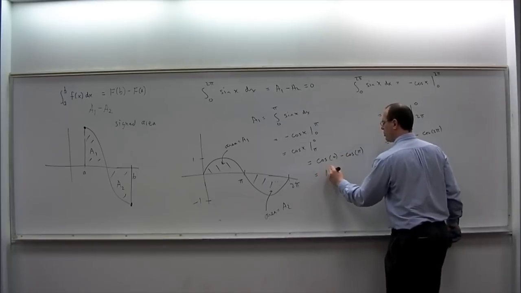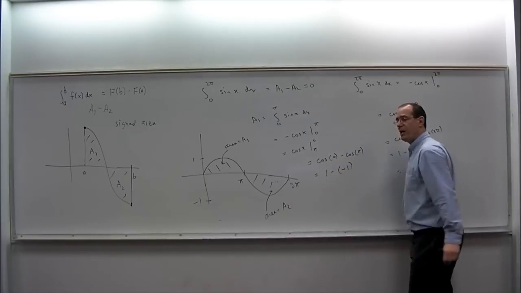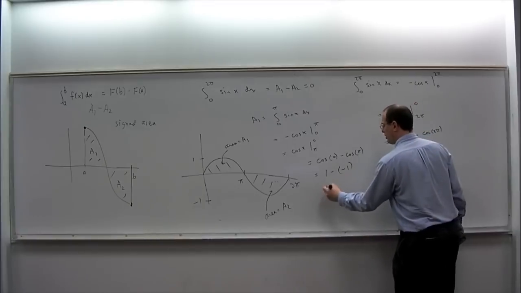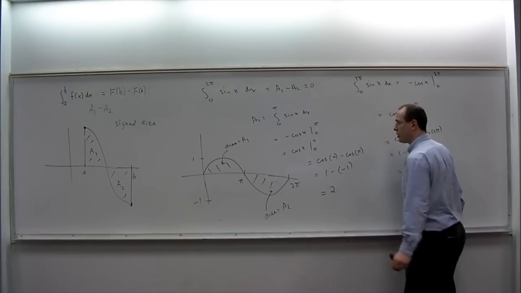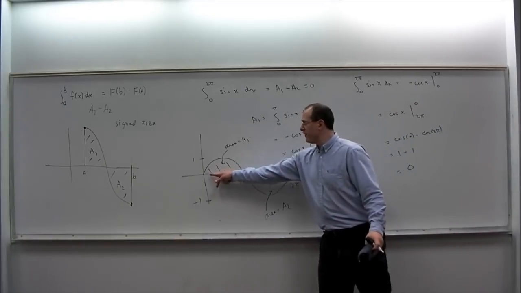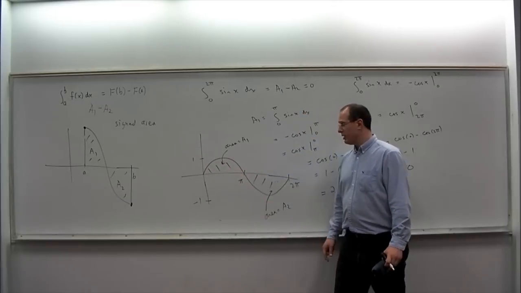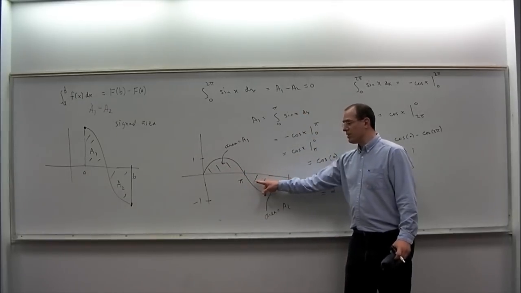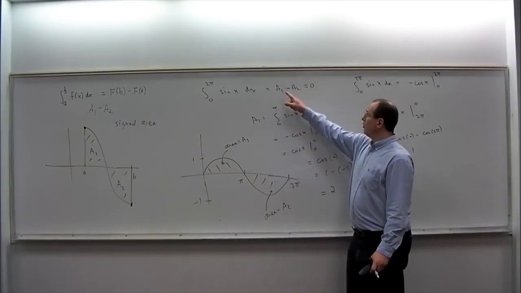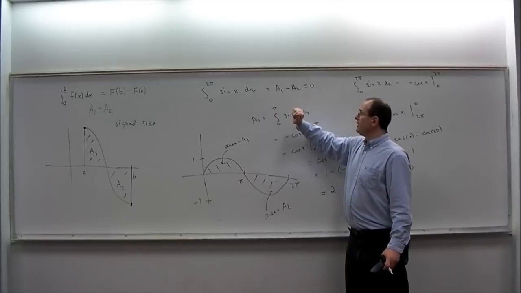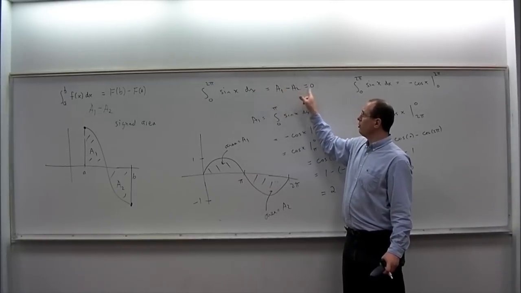The cosine of 0 is 1. The cosine of pi is negative 1. And so we get 1 minus negative 1, which is 2. So the area of this region here is 2. The area of this region then here is also 2. And so the integral from 0 to 2 pi, being the signed area, is 2 minus 2, which is 0.